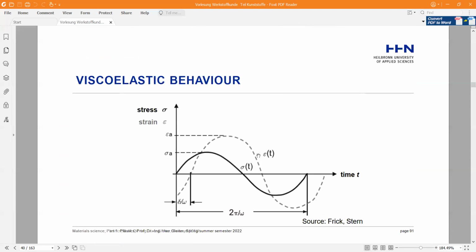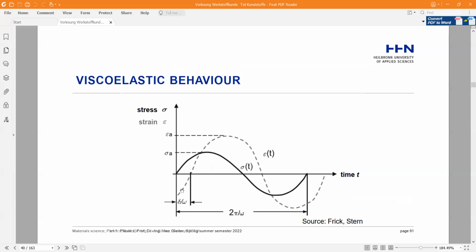In viscoelastic behavior, when the time increases, we have sinusoidal behavior between time and stress, and quite similar for strain.